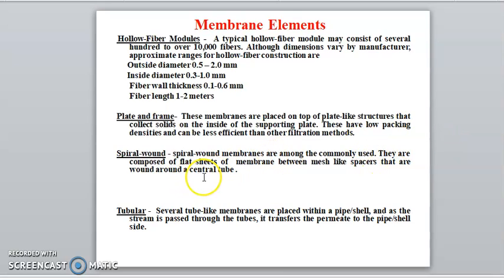They are composed of flat sheets of membrane between mesh-like spacers that are wound around a central tube. Tubular: several tube-like membranes are placed within pipe shells. As the stream passes through the tube, it transfers the permeate to the pipe shell side.